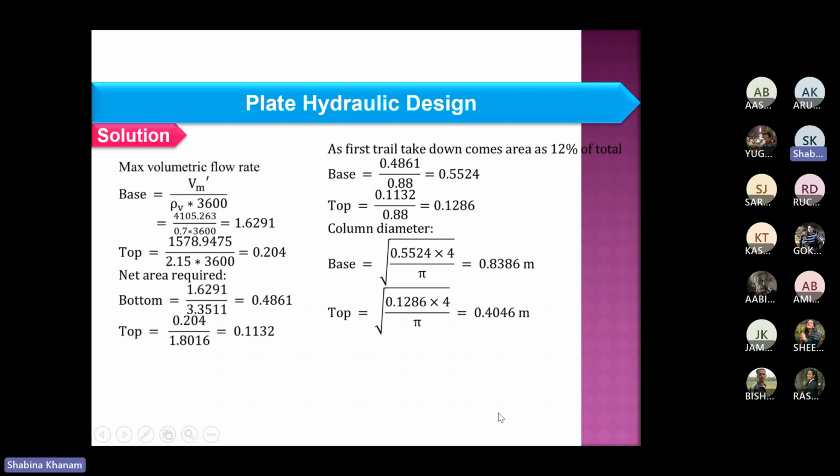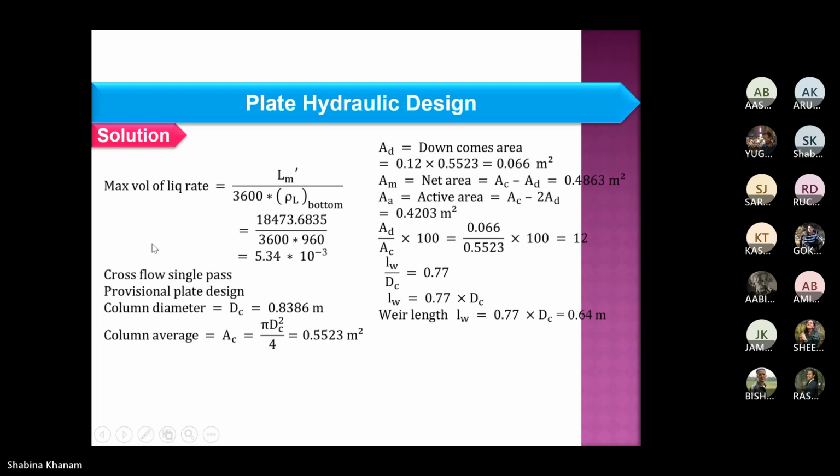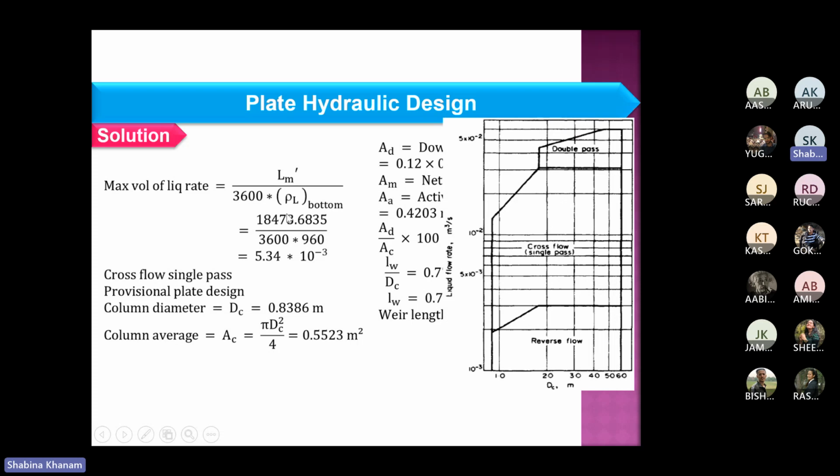Okay, let's say if you have been asked to design the top plate, then also column diameter will be this one value, this value only. Okay, so like this you can consider, and we will proceed towards the liquid flow pattern.